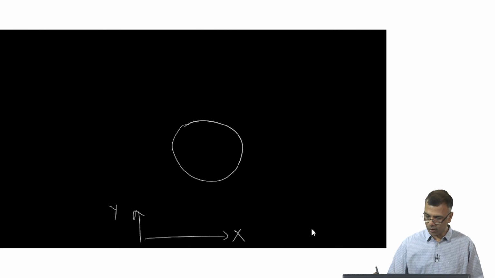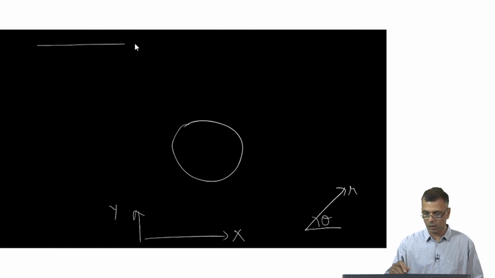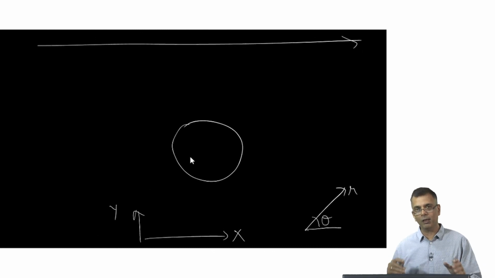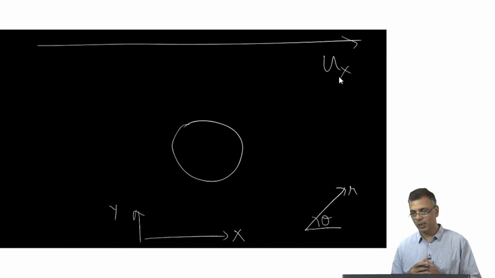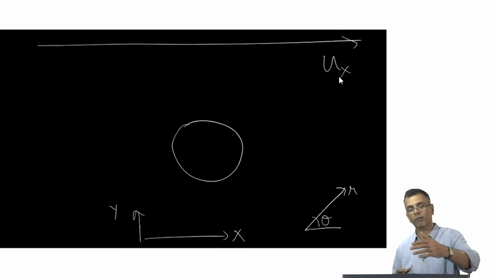Although we are really talking in terms of spherical polar coordinates, r and theta, what we're really saying is at infinity, very far away from the sphere, the fact that there's a sphere present hardly has any influence on the flow. If the flow was flowing in the x direction, like so, no question of any gradients or anything because we are talking about inviscid fluids. So the sphere hardly disturbs the flow, very, very far from the surface of the sphere.